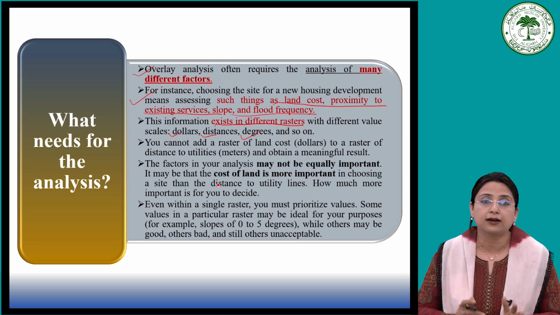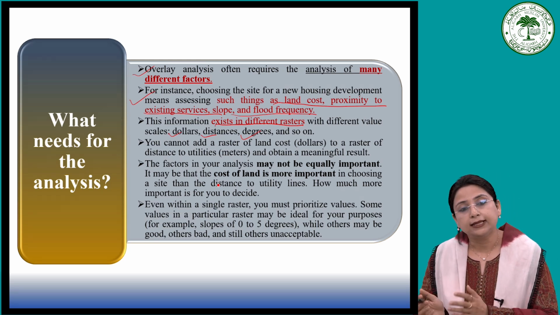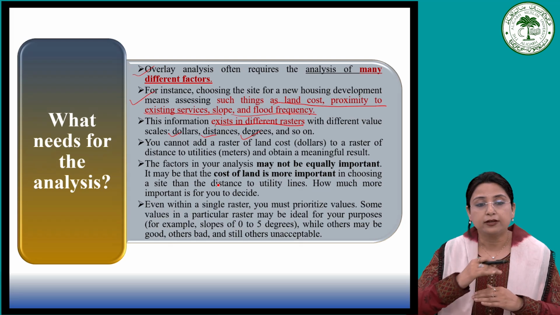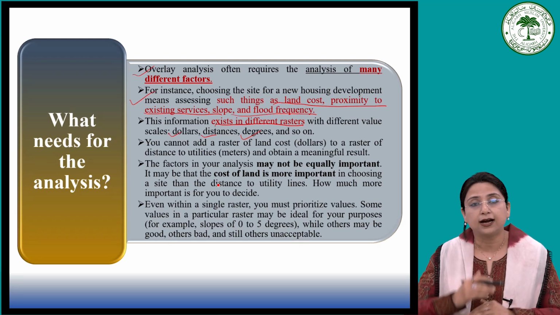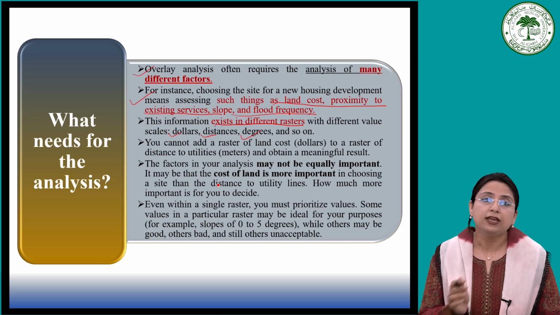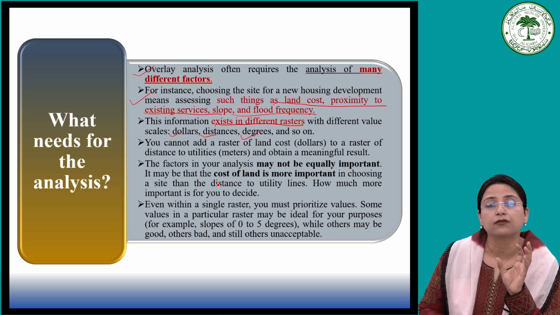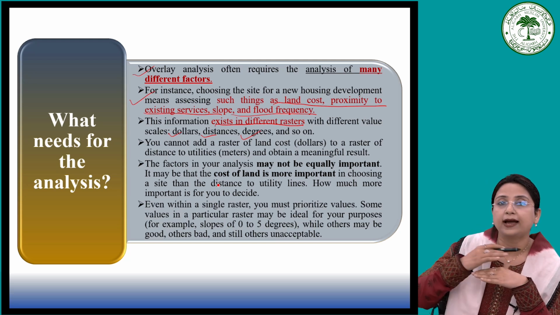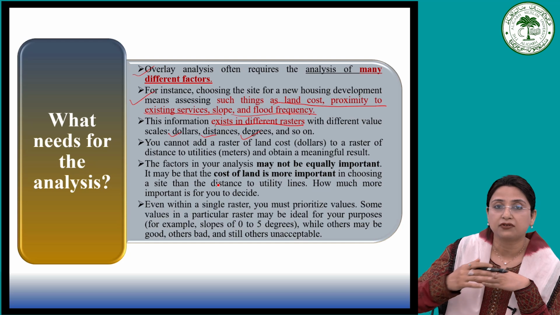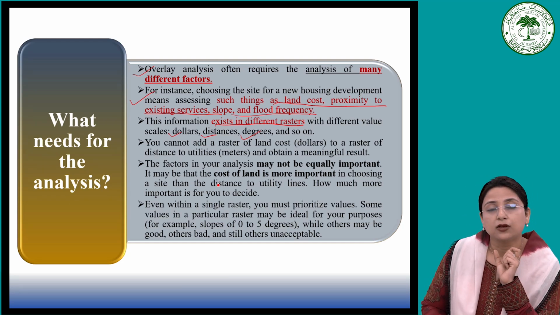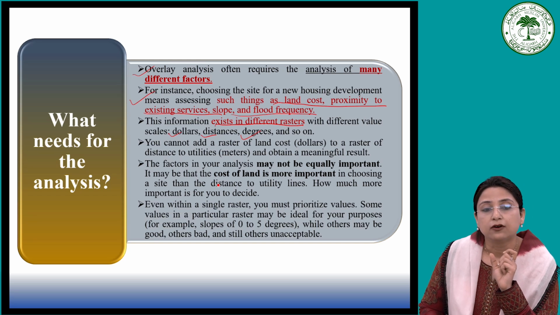Some factors are more important than other factors. So many times, as I have said, we need many factors, which means different rasters are needed because this information exists in rasters. And even within a single raster, we can prioritize the values, if we are not prioritizing the layers, meaning different rasters or different factors.